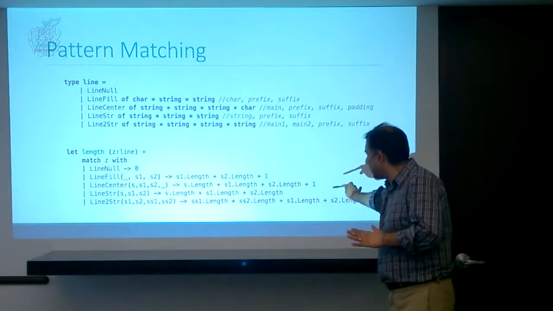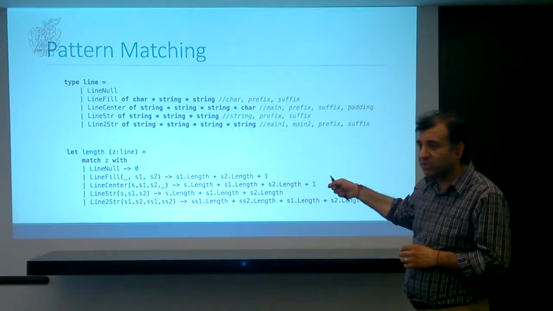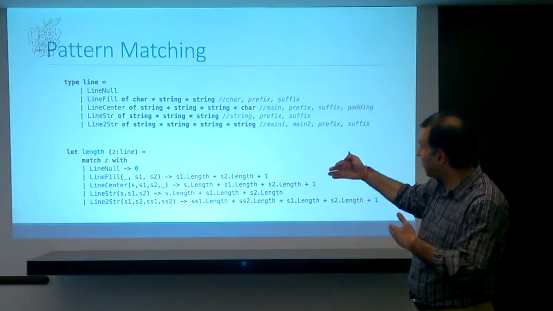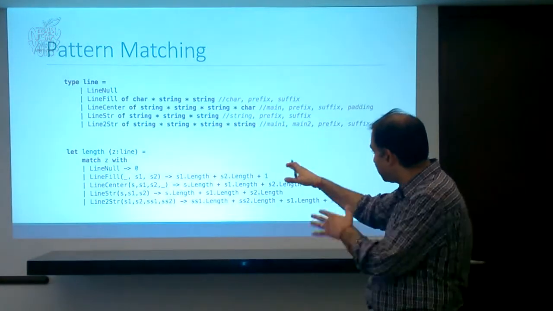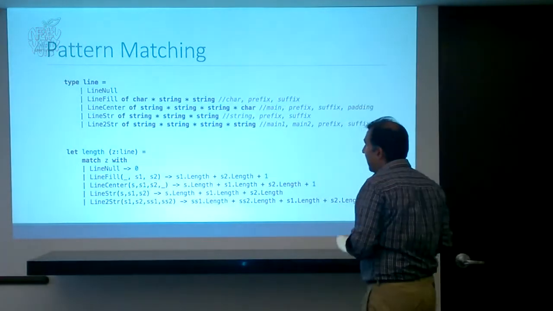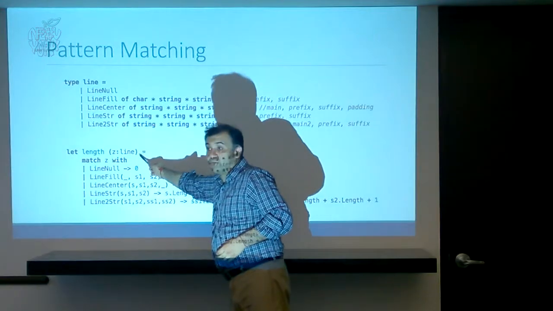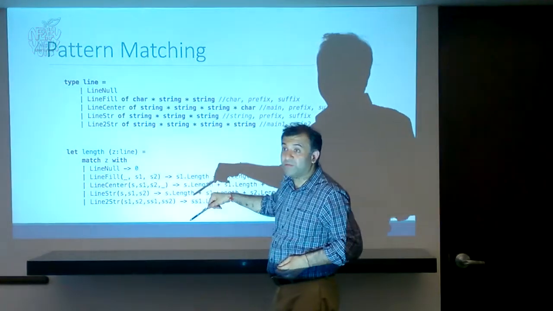It doesn't really matter what these actual values are, but what I wanted to show was that you can match. These are patterns, and with this match syntax, if it's of this record, that's the value. In this example, I have explicitly declared Z as line, but this is optional because the compiler can infer it.